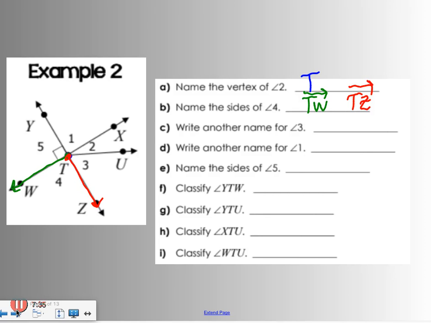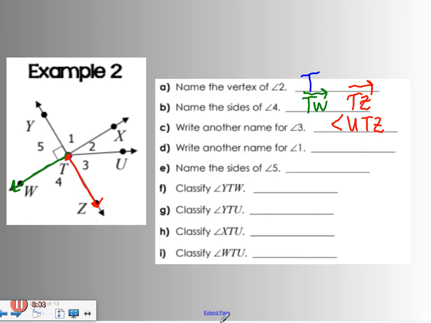Write another name for angle 3. Angle UTZ, or you could do angle ZTU. Write another name for angle 1.